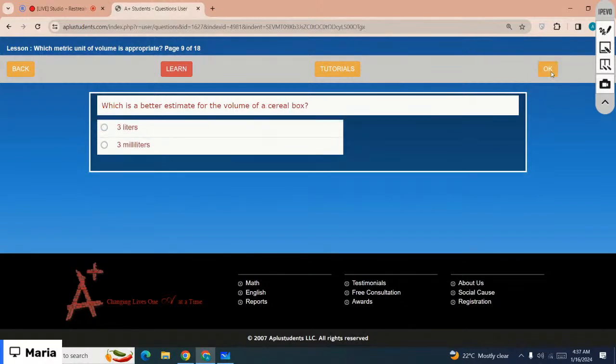Which is a better estimate for the volume of a cereal box? 3 liters or 3 milliliters? The correct option is 3 liters.